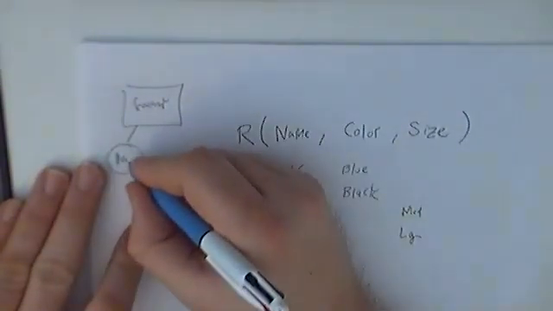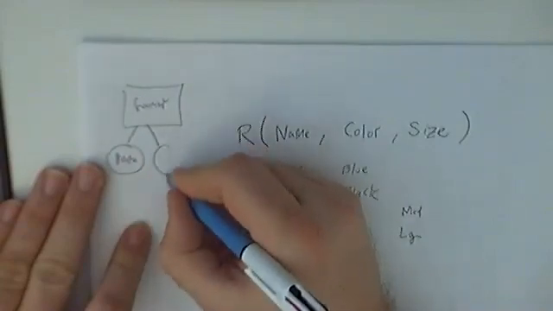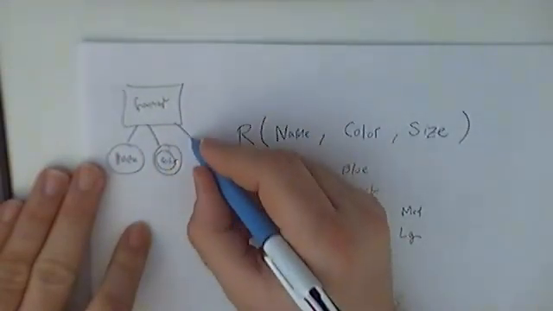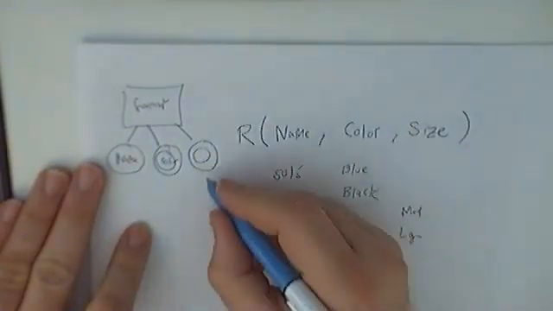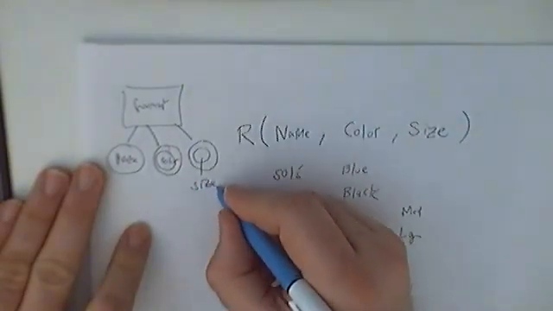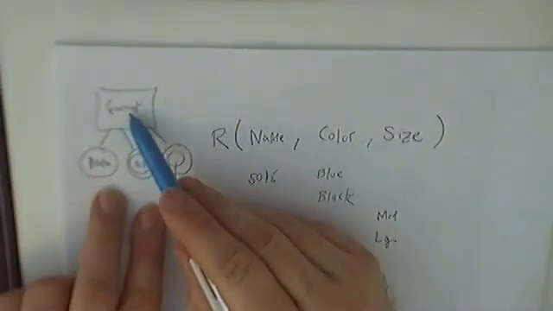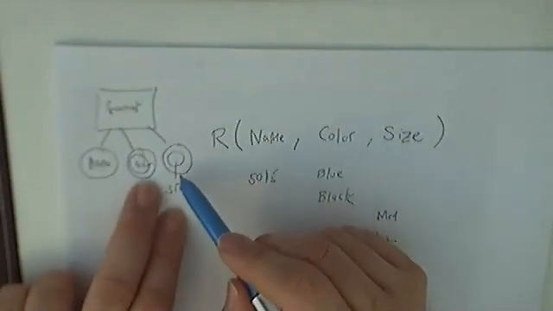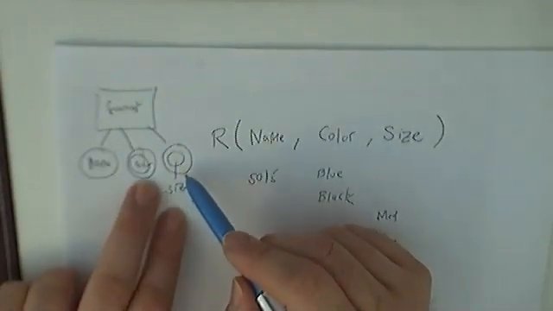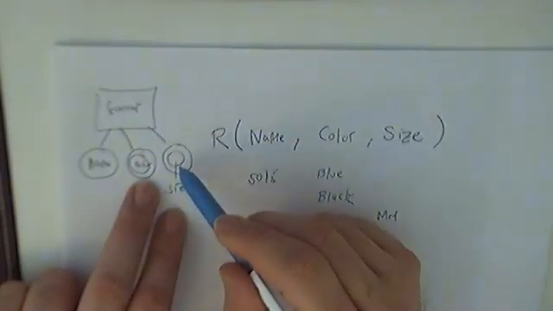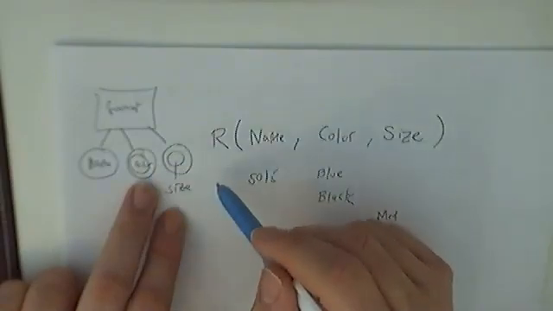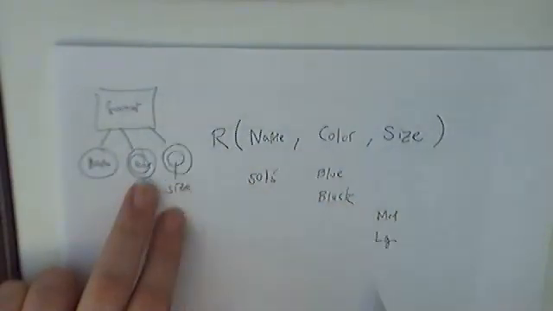That's an entity, garment, and this is the name, this is the color, and this is the size. These are what are called multi-valued attributes. The idea is that a garment is going to come in several different sizes and several different colors. You can see this can come from your ER diagrams.